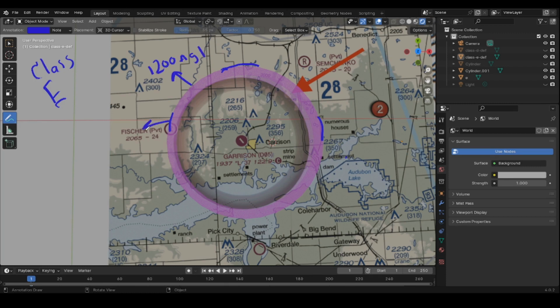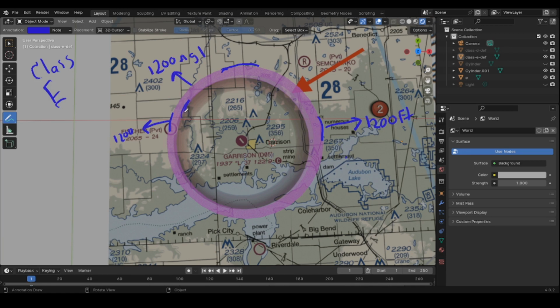All of this out here, 1,200 feet AGL. And it took me some time to understand Class E because of those numbered feet AGL. But when we get inside, it's different.